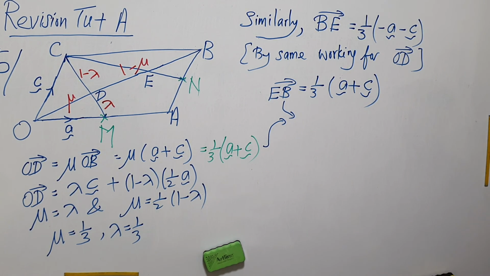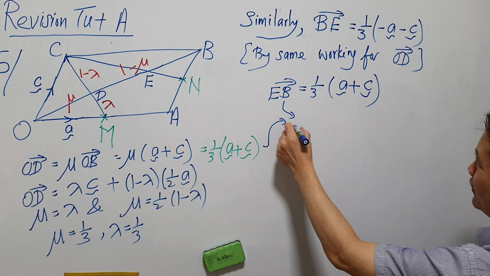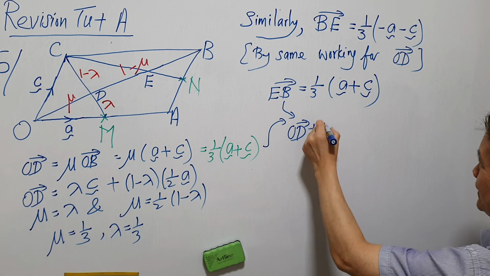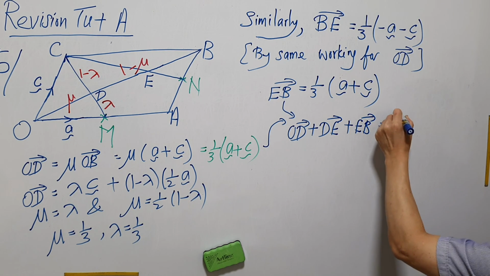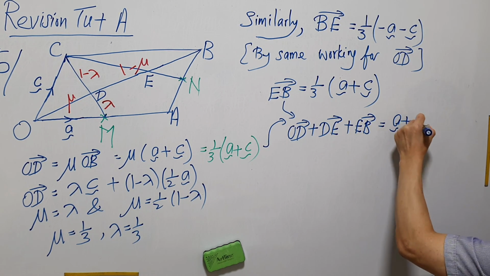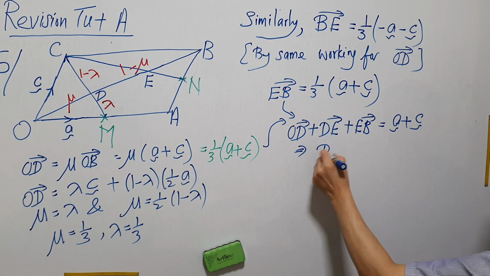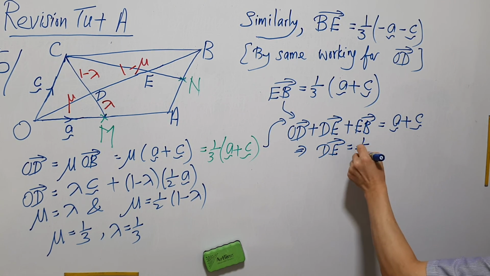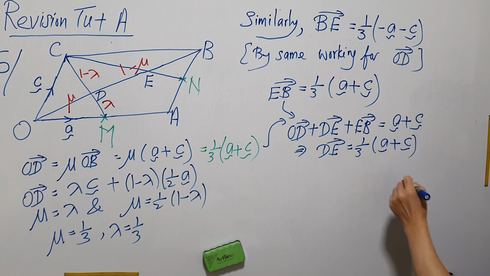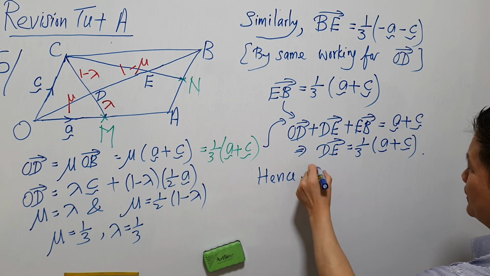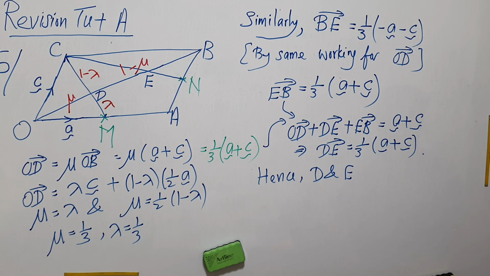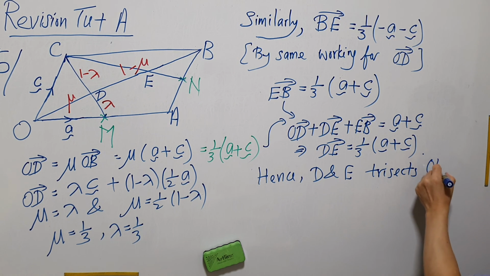Write this: OD plus DE plus EB is equal to A plus C. So that lets you conclude that DE is also 1/3 of A plus C. Hence, D and E trisect OB. Okay, this is question number 5.